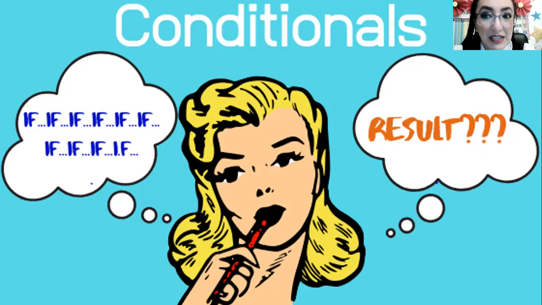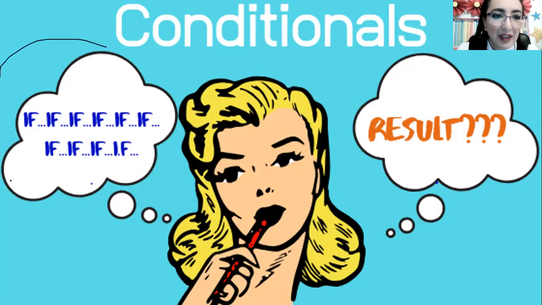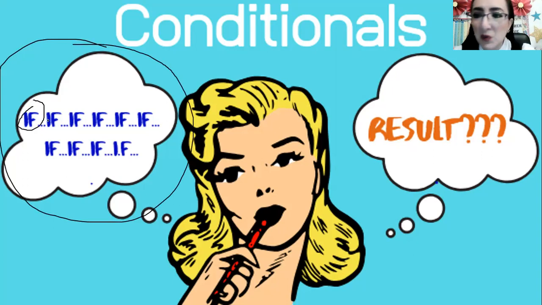So conditionals. Here you have two clues, okay? The first one, if, this is going to be our magic word. And the result, that is going to be our second magic word, okay? If, and the result. What is this?